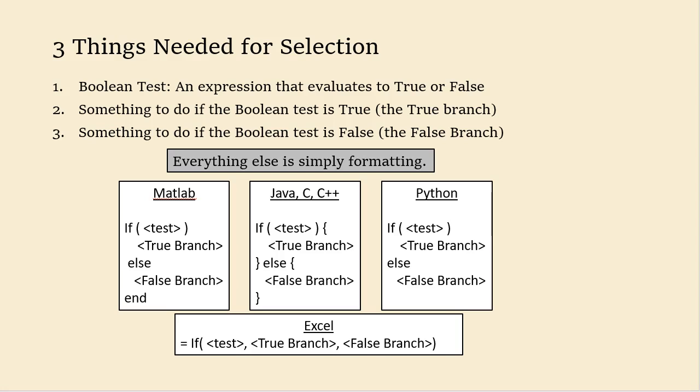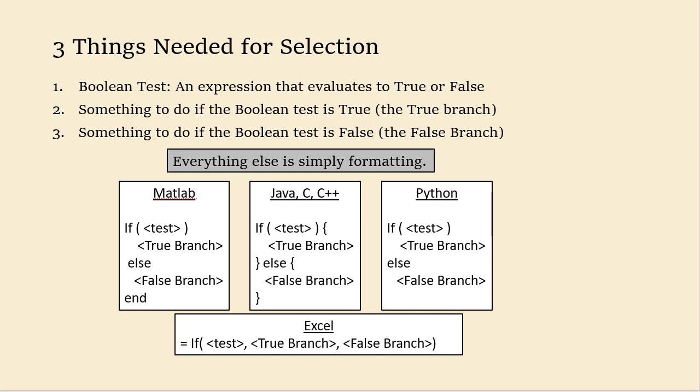It's legal. And Java, C, C++, and many other programming languages have converged on this form in the center here, which is if, then your Boolean test in parentheses, then open curly bracket, true branch, close curly bracket, else, open curly bracket, false branch, close curly bracket. Remember, curly brackets in Java always designate sections of code.